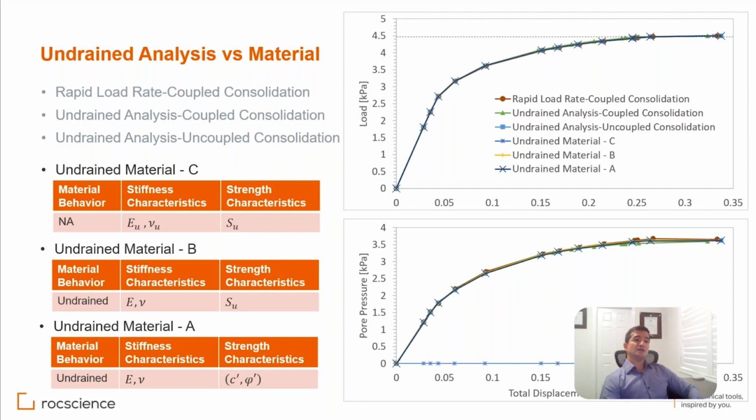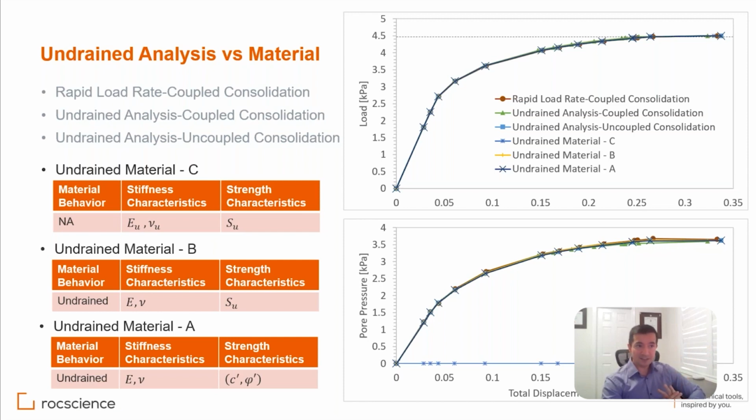Okay. Let's consider undrained analysis compared to one of those, maybe undrained B. In terms of the formulation that we are solving, when we go for undrained analysis, the size of the matrices is different compared to the size of the matrices that we are solving in the undrained material case. In terms of the equations, basically they are equivalent, but what we solve at the end is going to be a different size of matrices.